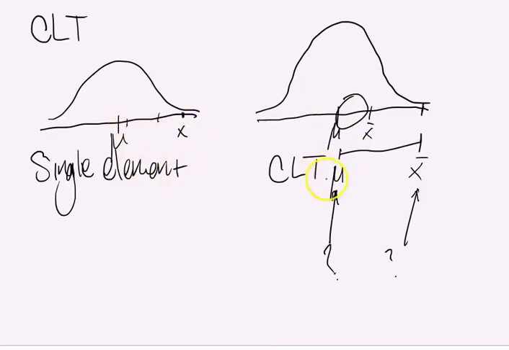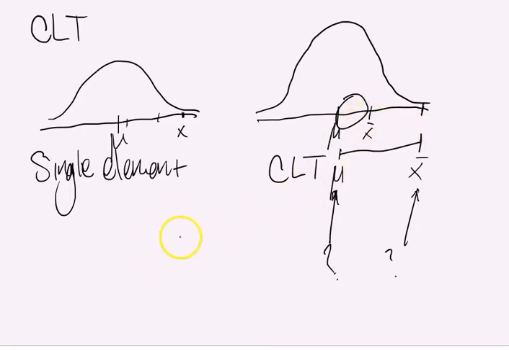So all of our formulations are going to be based around this, right? How close is my mean? If it's too far away, if my mean is too far from my population mean, how far is too far away, right?